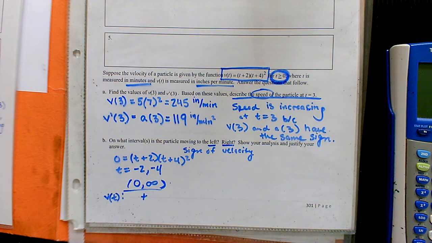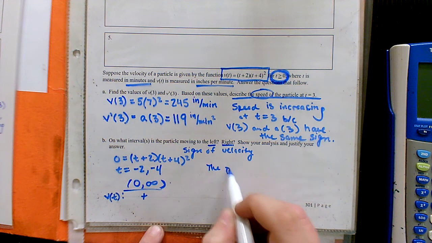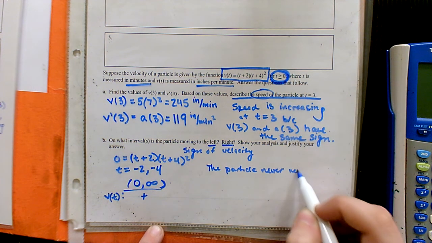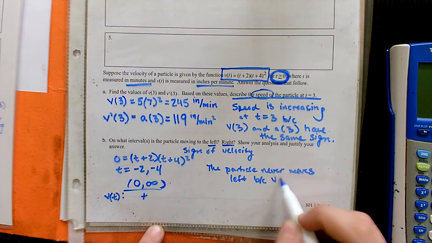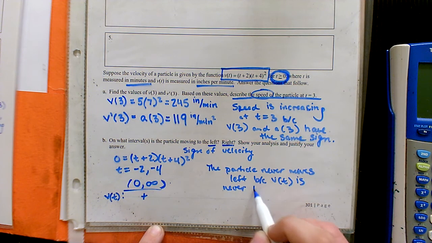Okay, so show your analysis, justify your work. The particle never moves left because v of t is never negative.